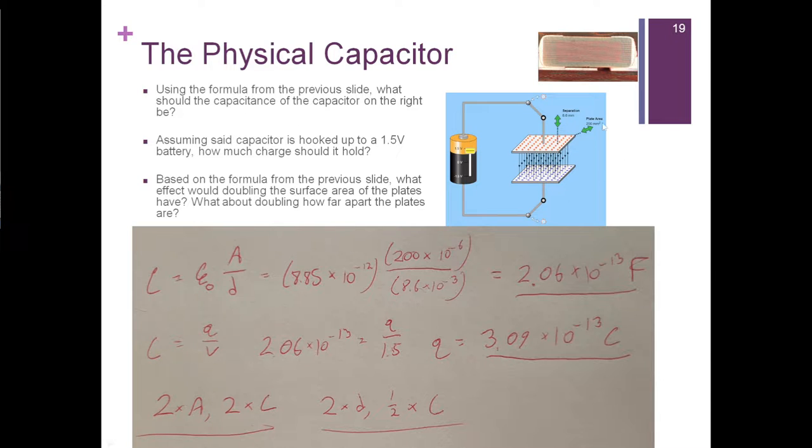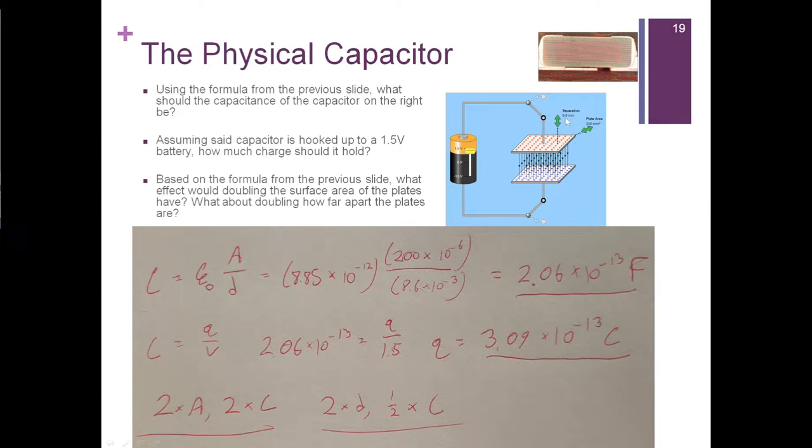And so that's why instead of 200, I've written 200 times 10 to the negative 6th in here. It's times 10 to the negative 6th because you have to do the millimeters to meters conversion twice because it's squared. Millimeters squared is super teeny tiny, so it's not going to be many meters squared. We're expecting a small number for the area here.